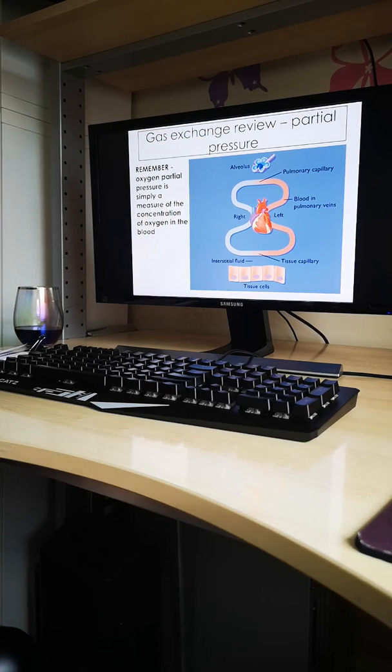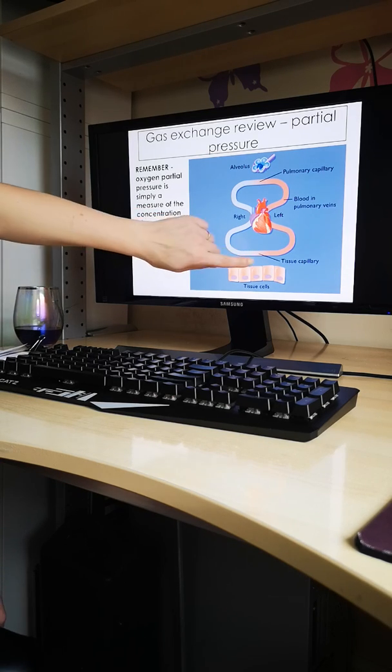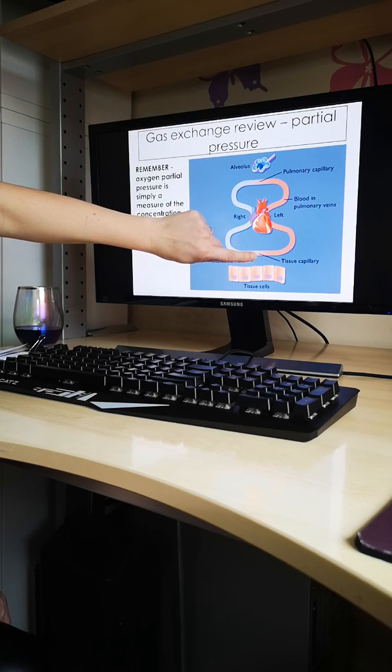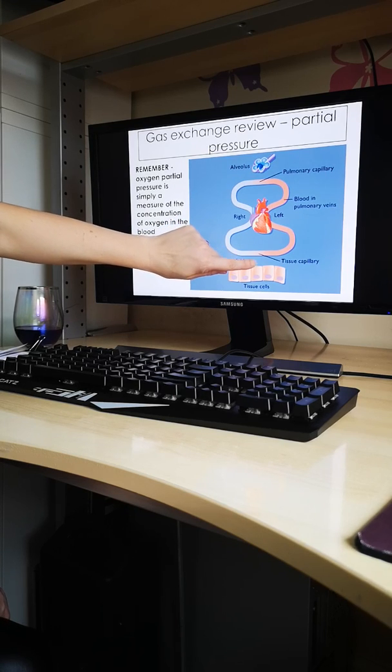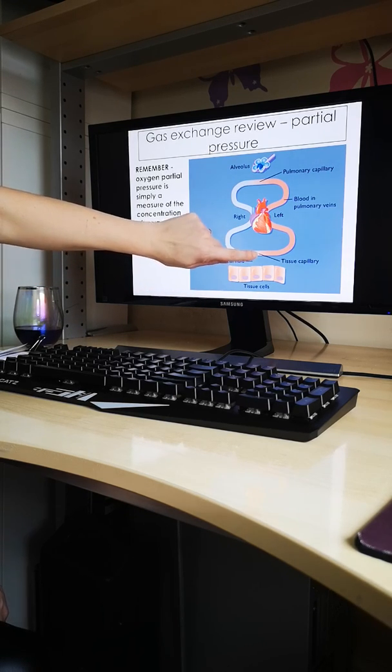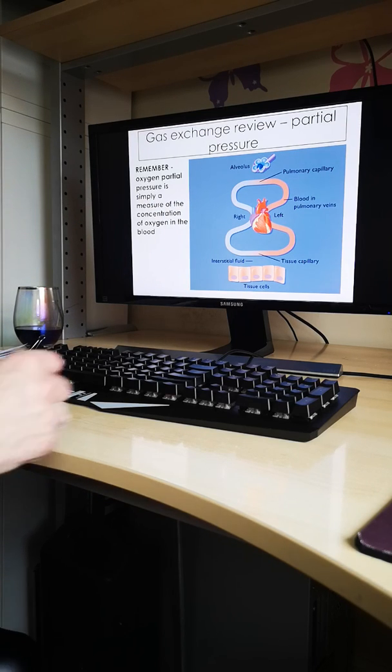Where would it be at its lowest? I'm hoping you're thinking at the tissues, where the cells are respiring, they're using the oxygen up in respiration and keeping the concentration really low. So the partial pressure of oxygen is very low at that site. This is really important to understanding haemoglobin's function.